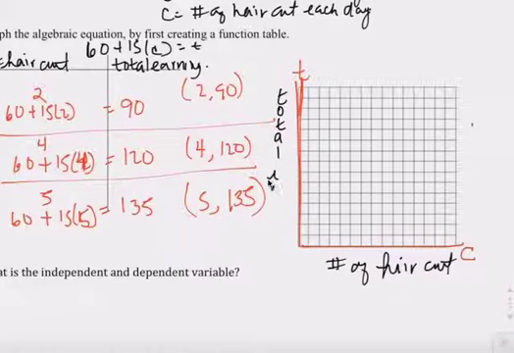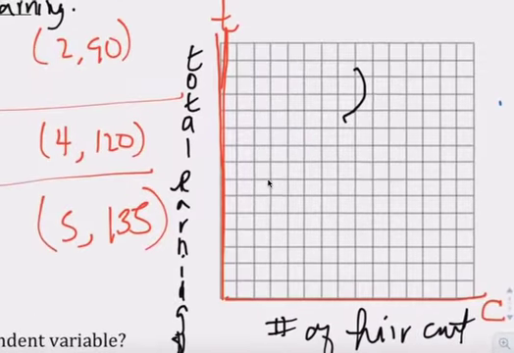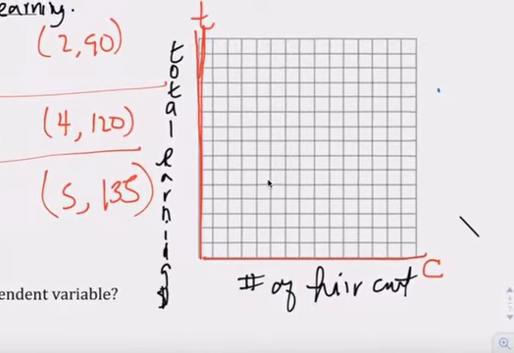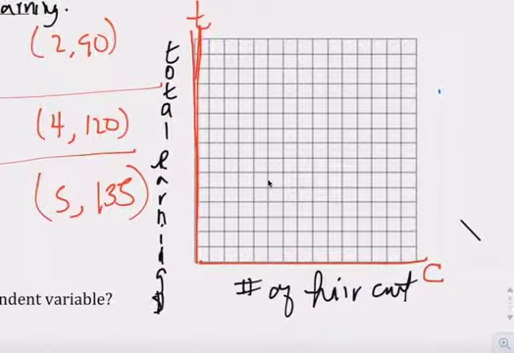And this is the total earning in dollars. Okay, so 1, 2, 3, 4, 5, 6, 7. I can make it where I skip 1. 1, 2, 3, 4, 5, 6, like that.